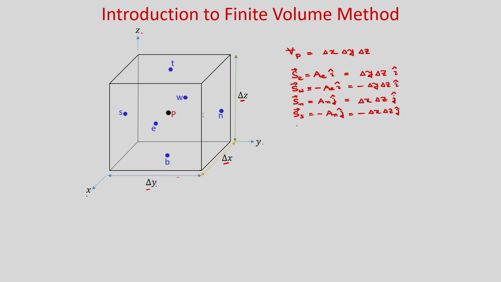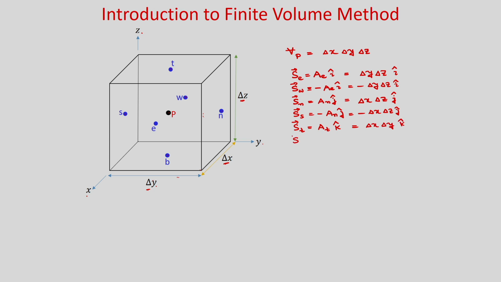And similarly now for the top surface vector, the one on the top, you can see this is of surface area delta x into delta y. So it will be A top, and the unit vector in that direction is k, so it will be delta x into delta y into k.